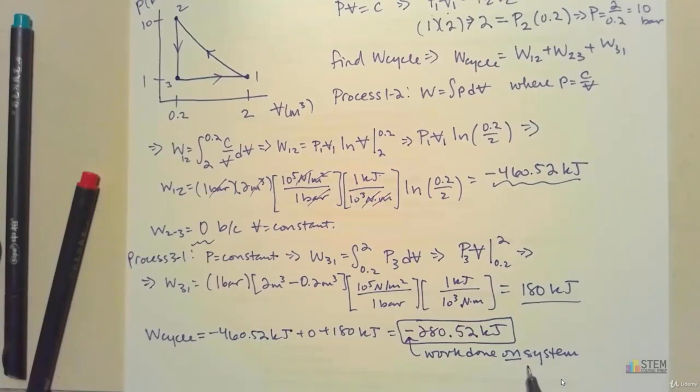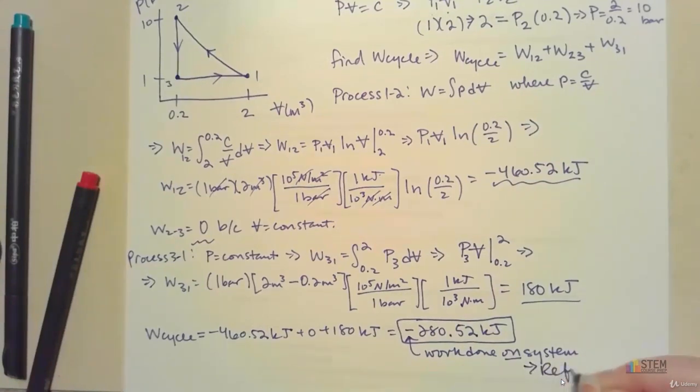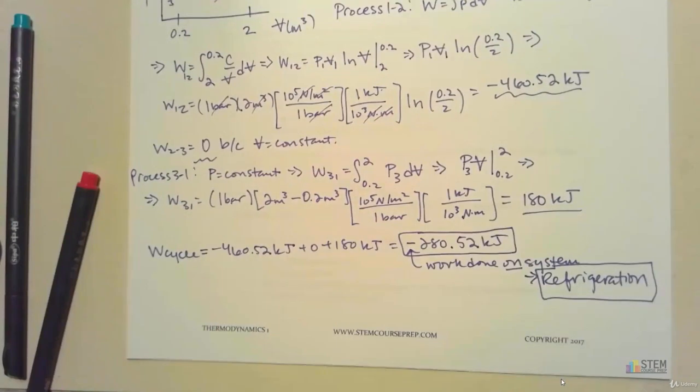This is saying work's being done on the system. So this is requiring some sort of external energy to come in. Okay? Now that implies a refrigeration cycle, because if you remember back to the picture of the refrigeration cycle, the arrow for work was pointing into the system because you had to have some sort of power supply to make that cycle work. Okay? So this is going to be refrigeration. Okay? So now we know that.